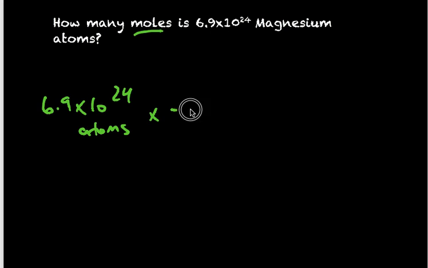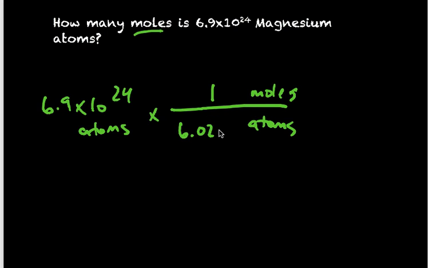We need to multiply that by what we want, moles on top, over what we want to cancel on bottom. Again, just like the last problems, we need to know how many atoms per mole. So for every 1 mole, there are 6.02 times 10 to the 23rd atoms.